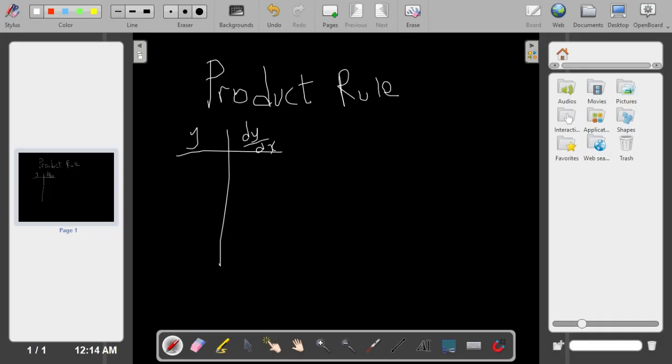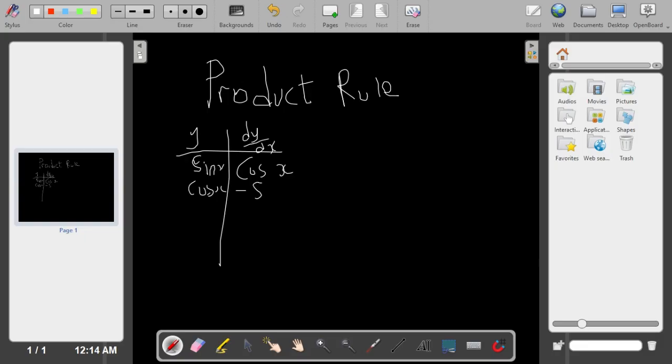Now when you say y, when y is sin x, when you differentiate sin x, what is it? Cos x. Also, when you differentiate cos x, what is it?